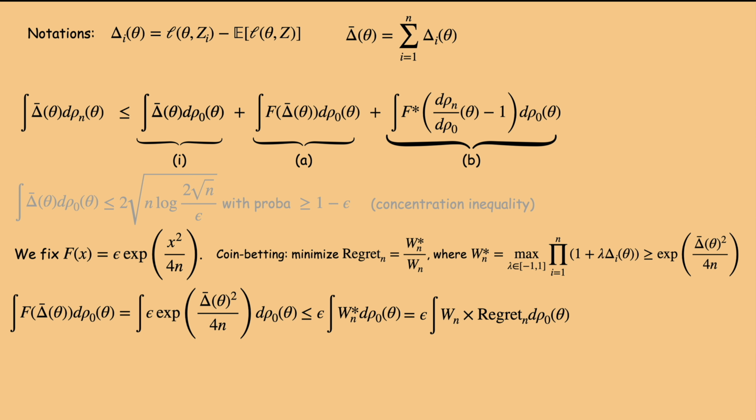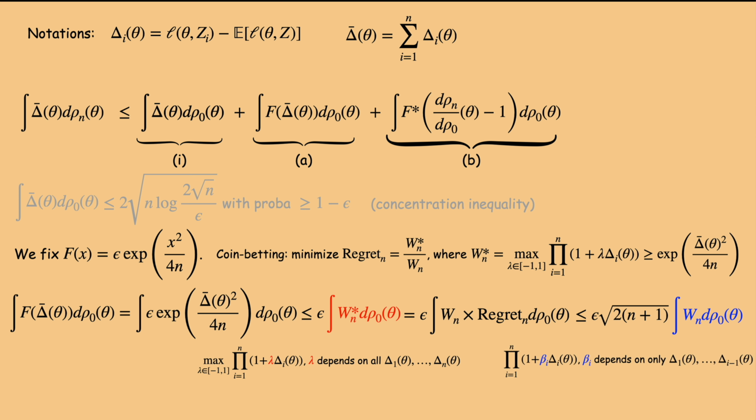Now, a good coin betting strategy ensures that the regret is lower than square root of 2n plus 1, and we can bound the term A as follows. Now, the improvement lies in the fact that your wealth Wn is easier to bound than the wealth of the optimal predictor, because the optimal predictor depends on all of the observations, while your strategy may only depend on the previous observations.